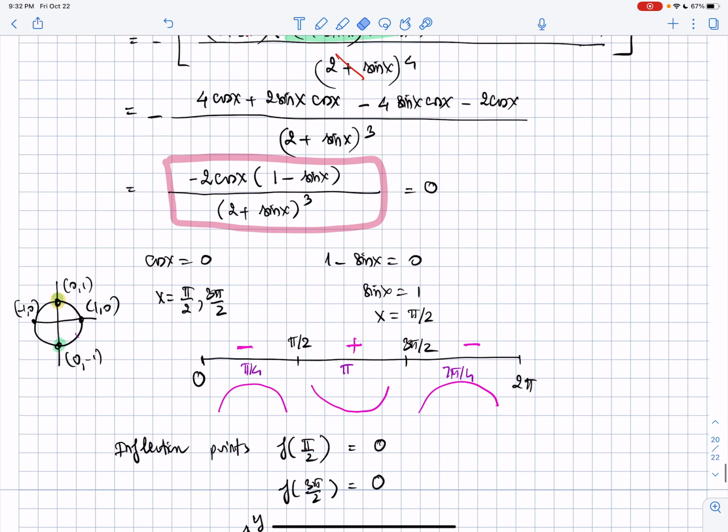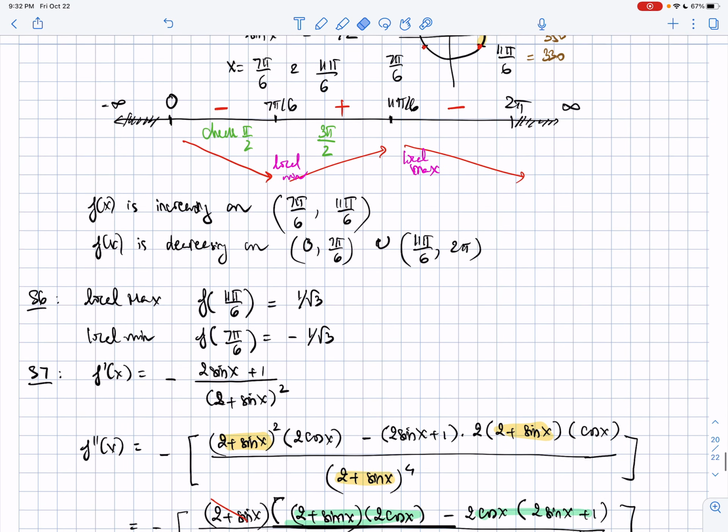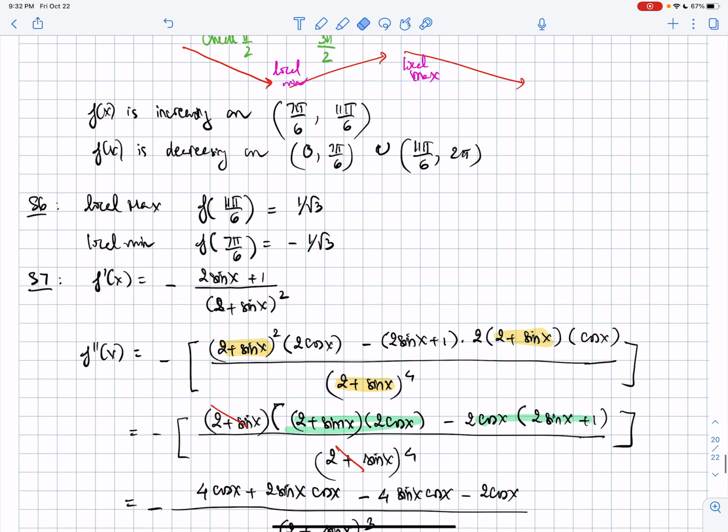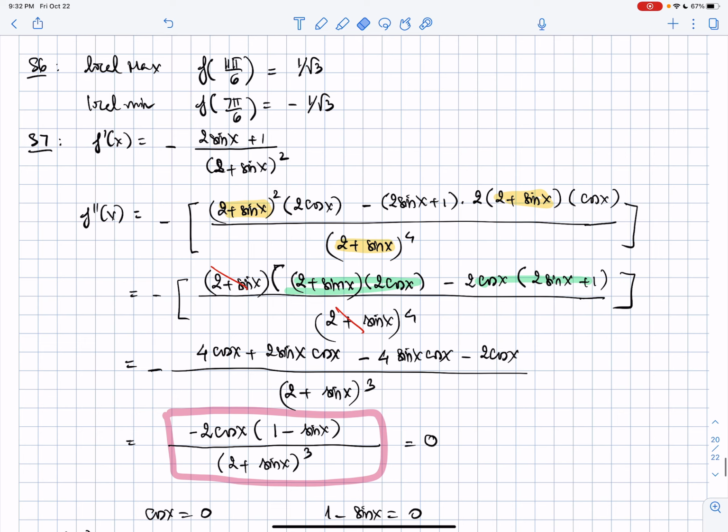Now let's look for the local max and the local min. What are the local max and local min? In step number 6, we have 11 pi over 6 and 7 pi over 6.